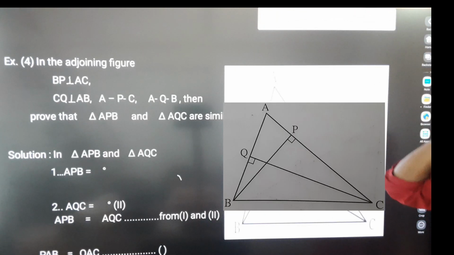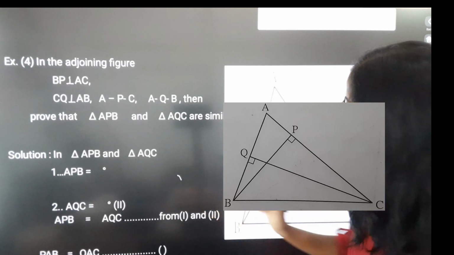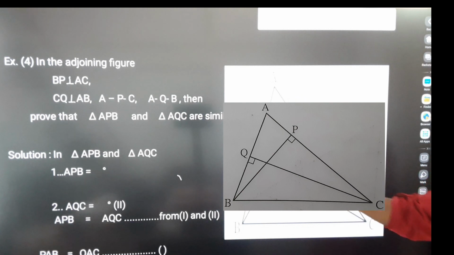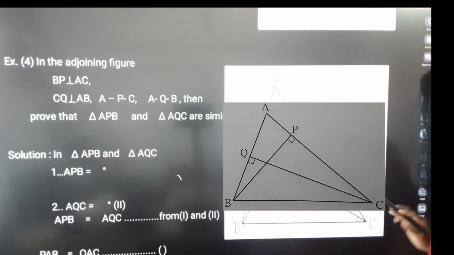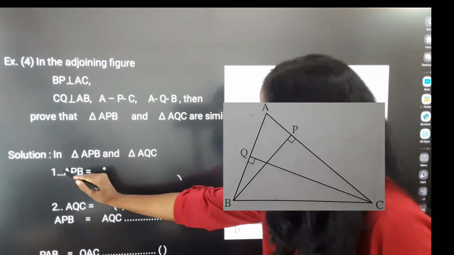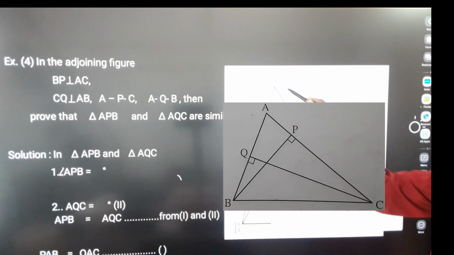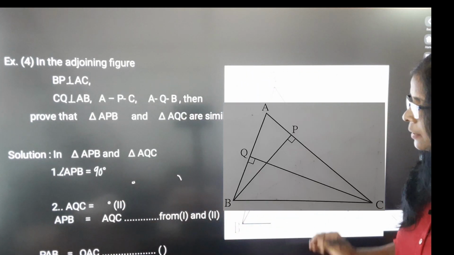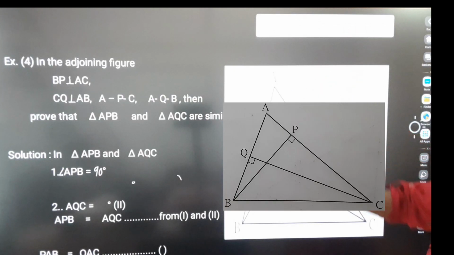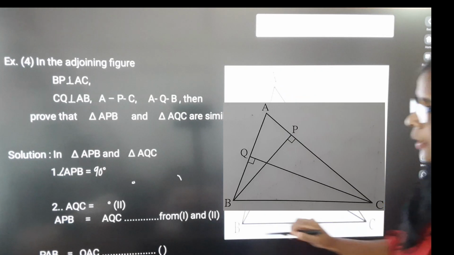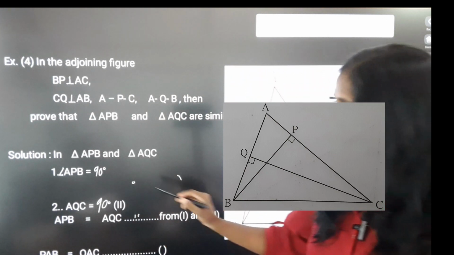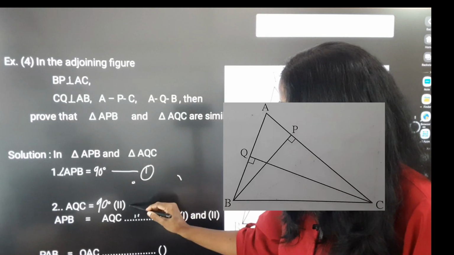In triangle APB and triangle AQC, our first observation is that angle APB is equal to 90 degrees. The second observation is that, from the given, angle AQC is also 90 degrees, because these are perpendiculars. Call these the first and the second.